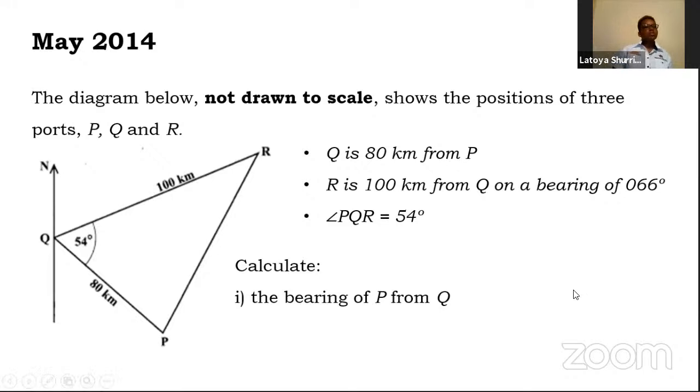We are also told that the angle PQR is equal to 54 degrees, and we should calculate the bearing of P from Q. Where are we going? Where are we starting from? Which bearing we need? Of P from Q. So we're starting where now, guys? Where are we starting from?